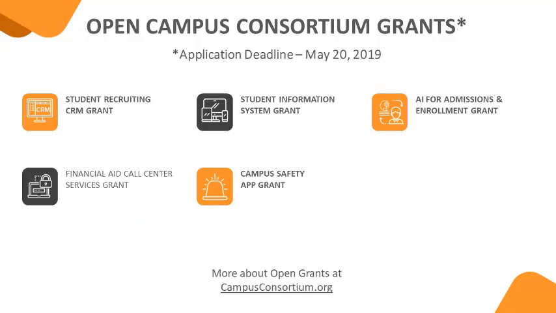On the next slide here, I do want to talk a little bit about some of the additional grants we are currently running in addition to the Student Information System grant that we are going to be reviewing with you all today, and helping you understand the benefits of how a grant can improve the student information system experience for your institution. Currently, we are running these following 5 grants. The application deadline for these, as you'll note on the slide here, is May 20th, in just a couple of weeks.